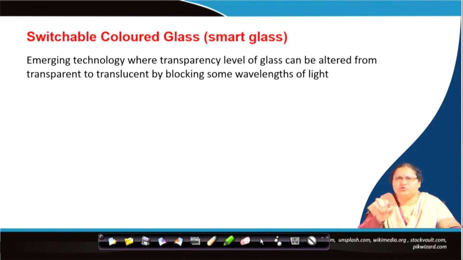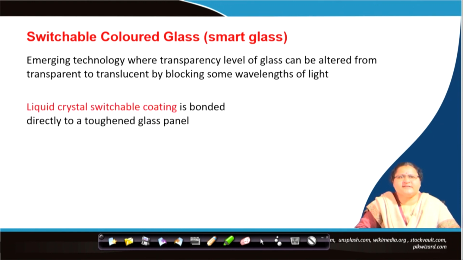You can actually push the button and change the color of the glass. Even some people have photochromatic glasses, some of you may have in your spectacles. This is an emerging technology where the transparency level of the glass can be altered from transparent to translucent to blocking. This is done by cutting down some of the wavelengths of light.